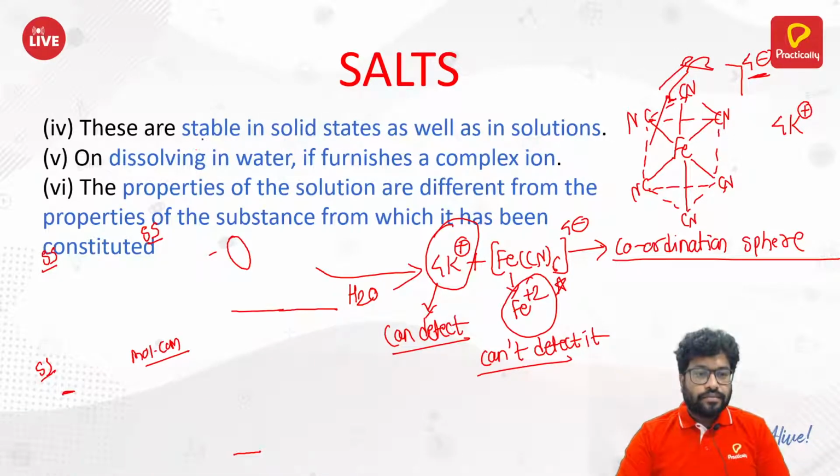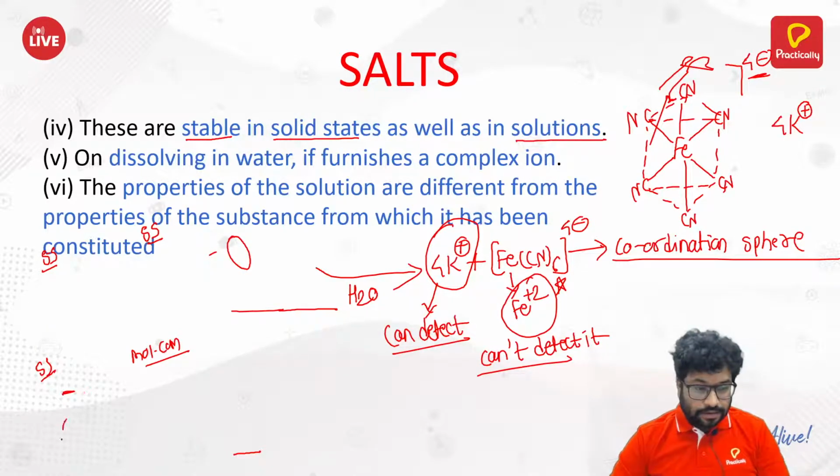See, that is what I was saying. They are stable in a solid state as well as in solution. Now that's the difference here. They are stable in both the cases.